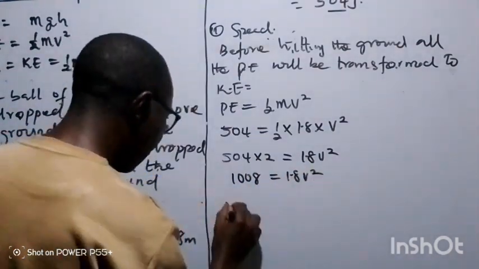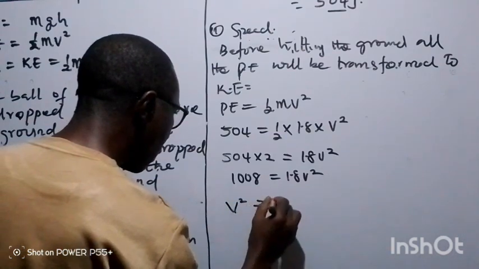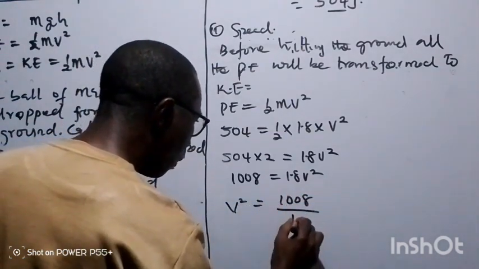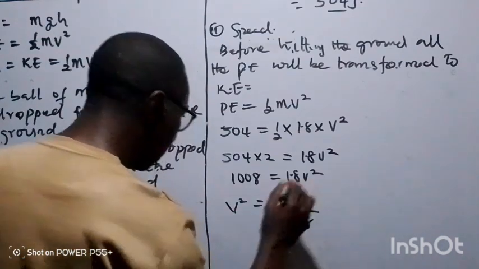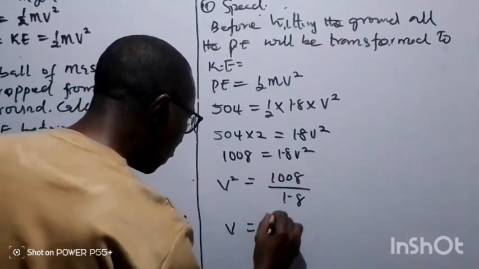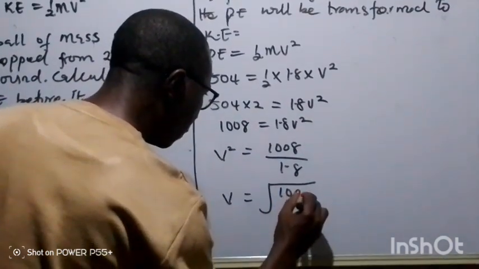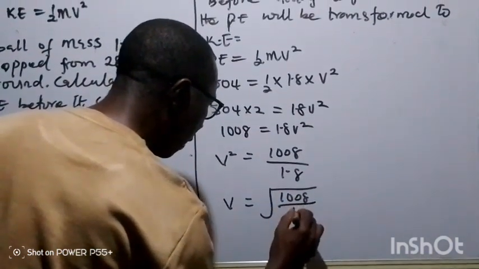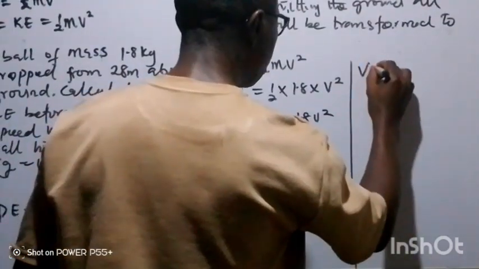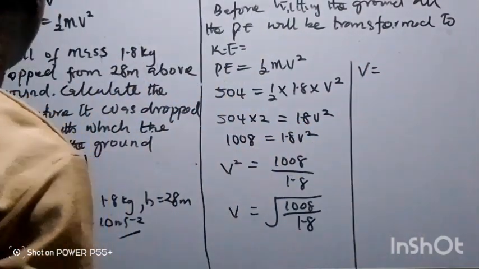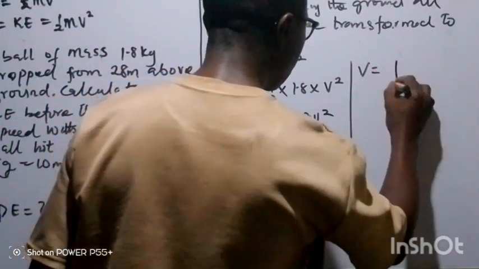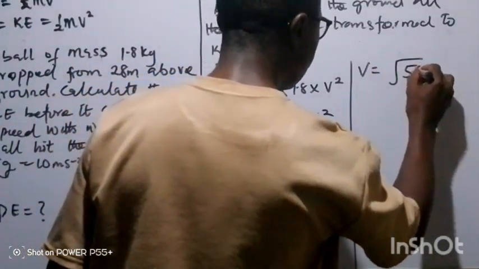So our v squared now will be equal to 1008 divided by 1.8. So from there, our v now will be equal to square root of 1008 divided by 1.8. Our v now, which is the speed of the ball, will now give us square root of 560.